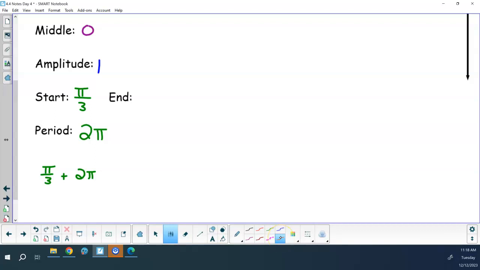Or how am I thinking this? 6 pi over 3. So where would this curve end? 7 pi over 3. With me? Yeah?